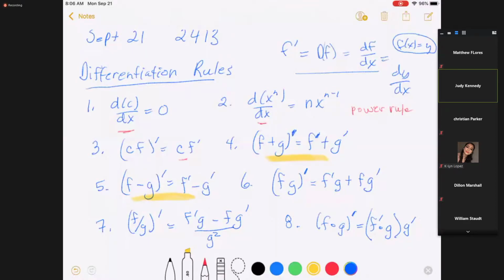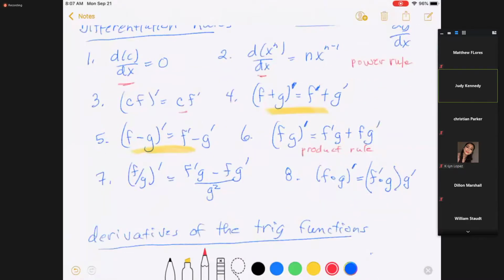If you have the product of two functions, f times g, the derivative of that whole thing is f prime times g plus f times g prime. This is generally called the product rule. Quotient of two functions: the derivative of the quotient is f prime times g minus f g prime, all over g squared.